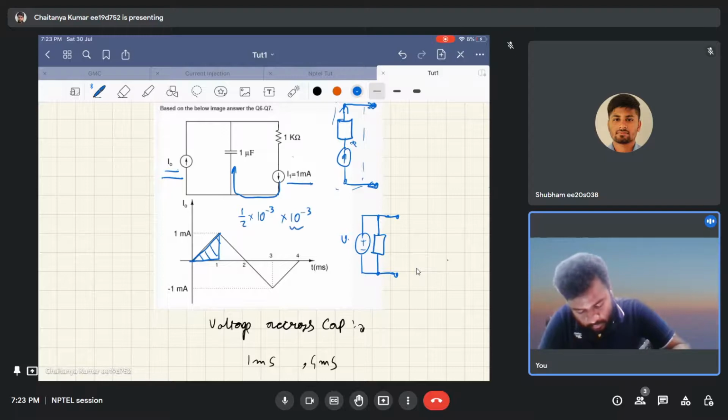One is for milliseconds, the other is for milliampere, and this will be divided by the total capacitance, that is 10 to the power minus 6 farads, that is 1 microfarad, and that is 0.5 volts.